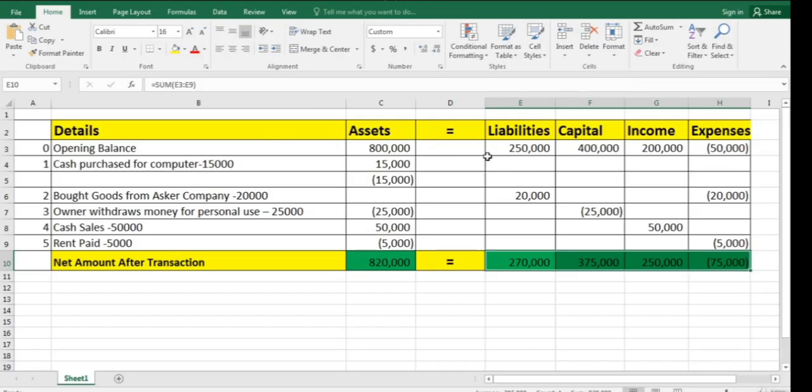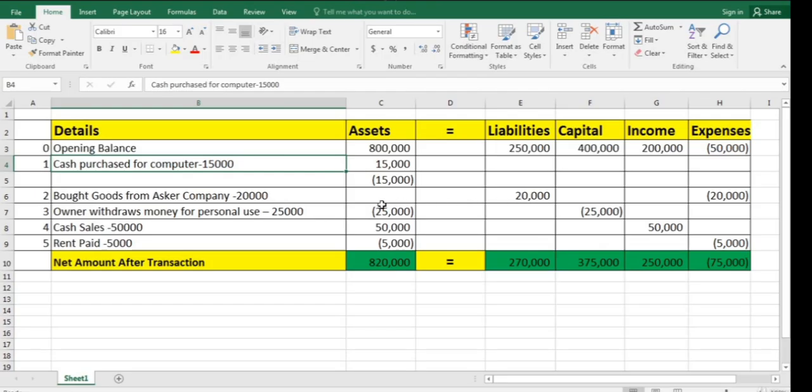So 800 equals 800. The first transaction is cash purchase for the computer 15,000. The computer increases, so assets increase, and cash decreases, so assets decrease. Then the second one is bought goods from Asker company 20,000. Asker company is a creditor, so liabilities increase.